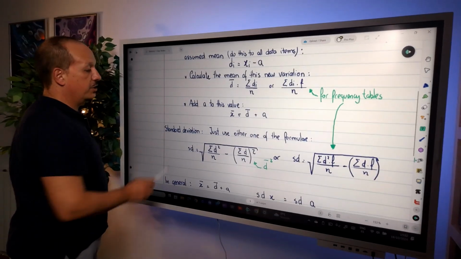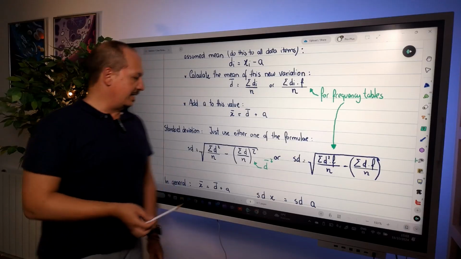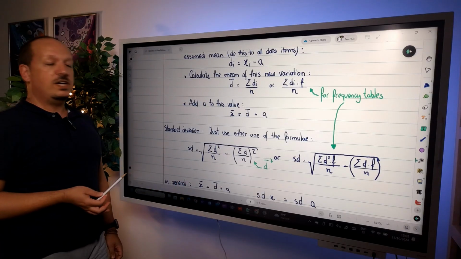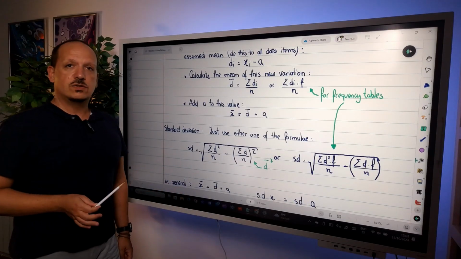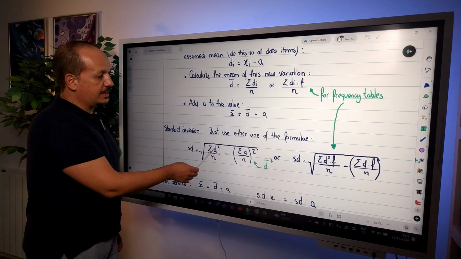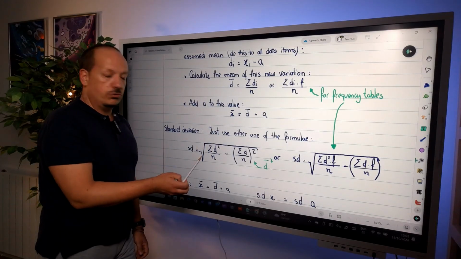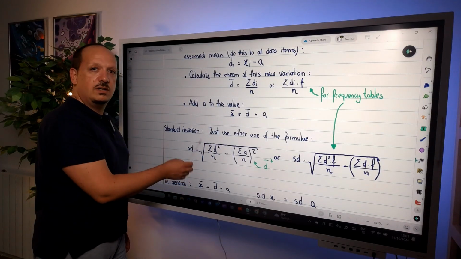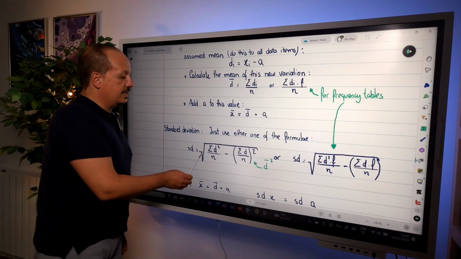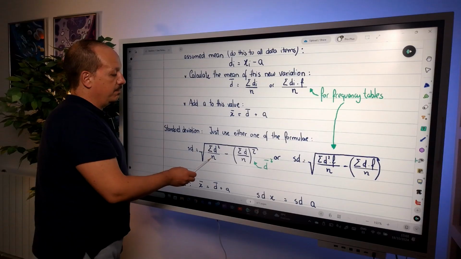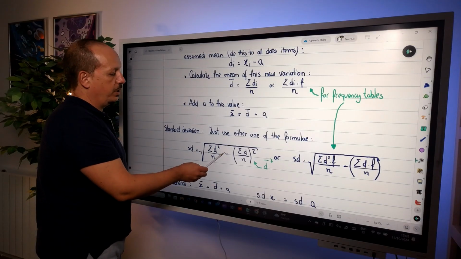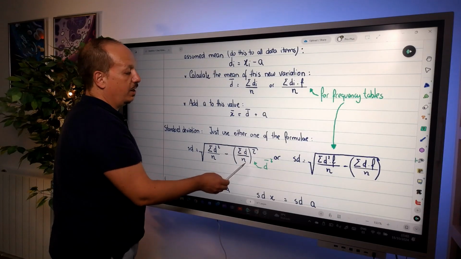For the standard deviation, you are just going to apply the same formula again, but using now the deviations instead of the true values. If you look at this, this is exactly the same formula, but instead of x, which usually represents the true values, you have here the deviations. So the standard deviation is what? It is the mean of the squared deviations minus the square of the mean of the deviations.